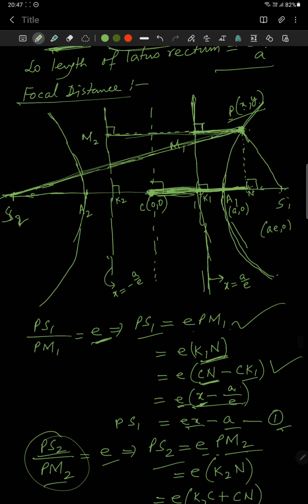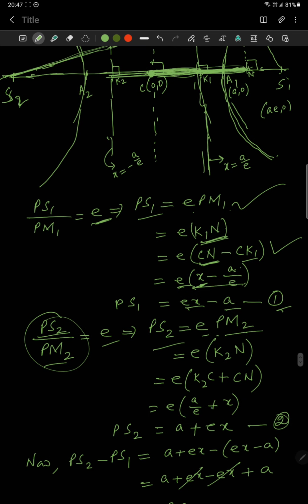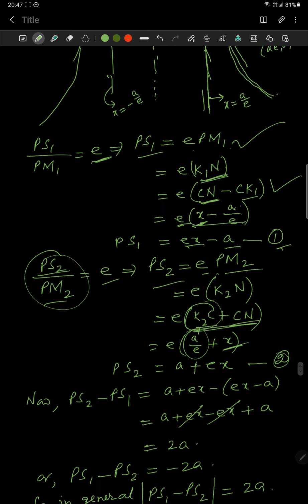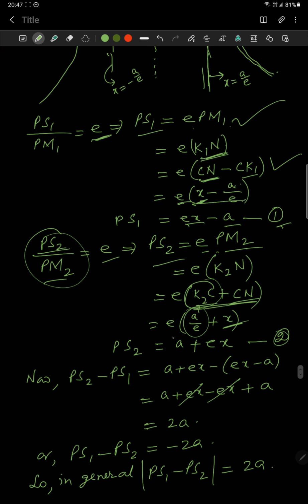PM2, this length I am talking about, is equal to K2N. Alright, and K2N can be written as K2C plus CN. K2C is nothing but A by E, and CN is equal to x. So finally what we are getting, PS2 is equal to, when E is taken inside, this becomes A and this becomes Ex. So that is your equation number 2.